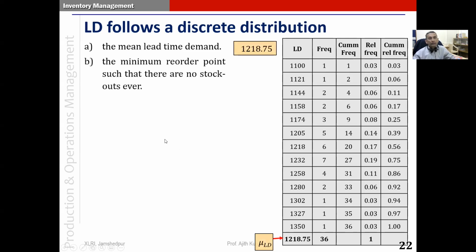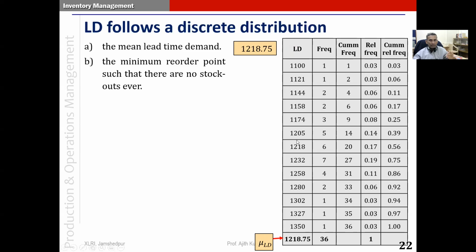Next, we have: what is the minimum reorder point such that there are no stockouts ever? Now, just think a little bit about this. If there have to be no stockouts, then that is possible only if the reorder point is always greater than or equal to the lead time demand.